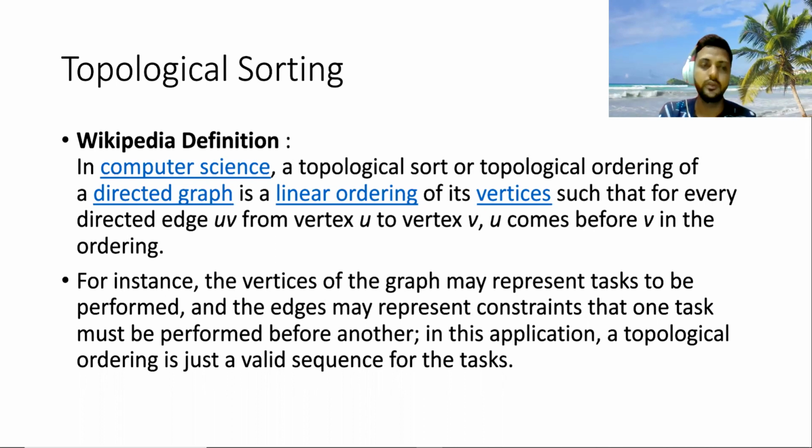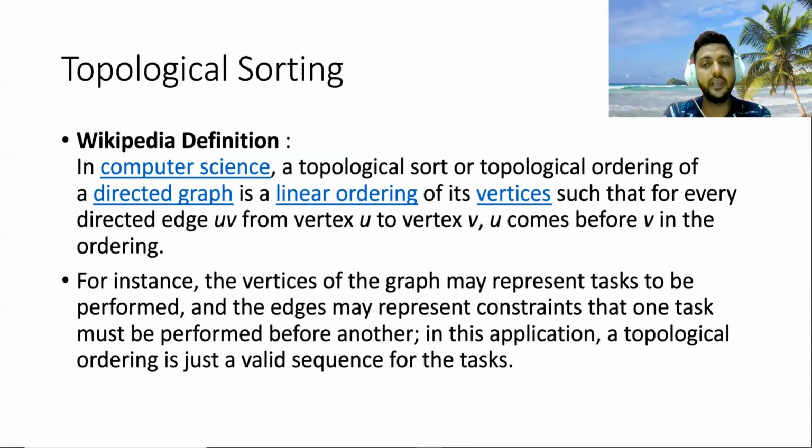So first of all, your graph should be a directed graph. Second thing, if there is an edge from U to V, your U should come before V in the topological order. Now, for instance, the vertices of the graph may represent tasks to be performed.